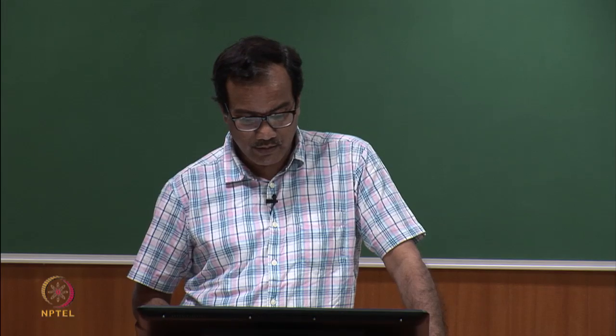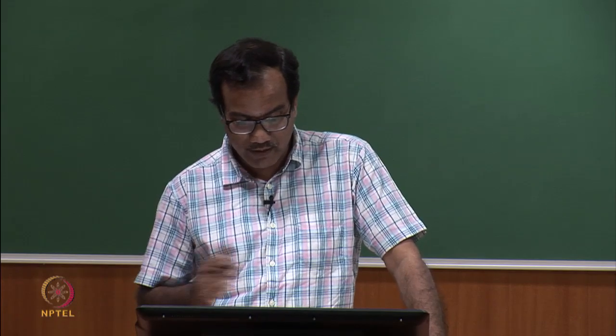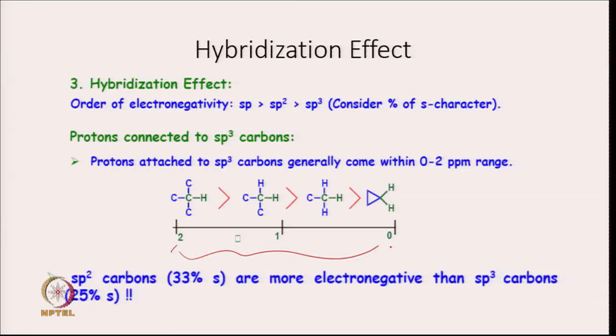If we compare sp2 carbon and sp3 carbon, we know that sp2 carbon is more electronegative than sp3 carbon, and hence if a proton is attached to an sp2 carbon, then electron is withdrawn from that proton more strongly in comparison to a proton attached to an sp3 carbon.